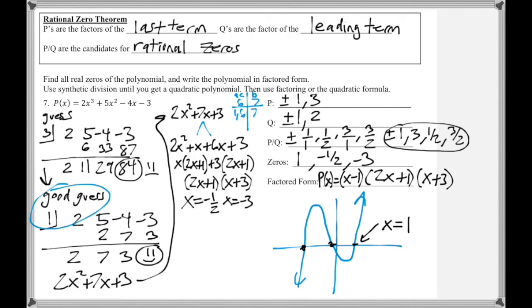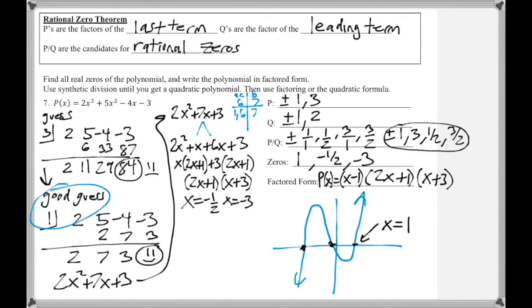Plus, we're trying to use this process of synthetic division, not of just finding where it crosses the axis. But the reason why I do want you to use this to make good guesses and not just totally not use the calculator is because sometimes you'll have, I don't know, 36 different candidates, and that's kind of a waste of your time to be trying 36 different tries when you can just use the calculator to make good guesses.